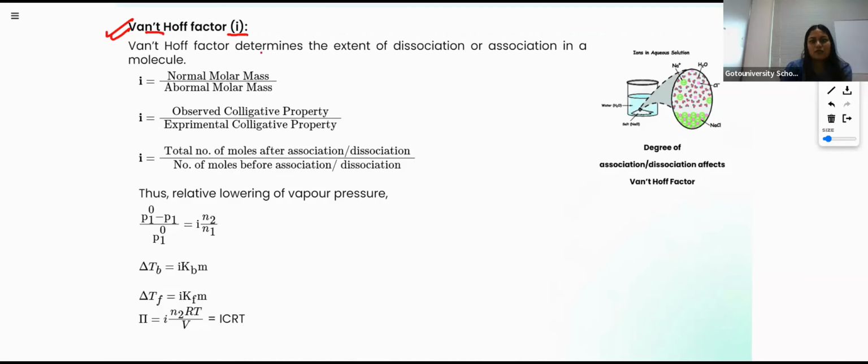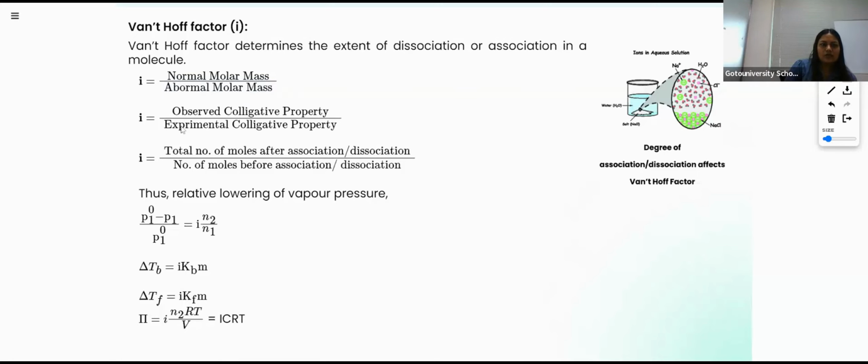It is used to evaluate the extent of association and dissociation in a molecule, like to what extent the dissociation and association takes place in a molecule. For this we have a formula: the normal molar mass divided by the abnormal molar mass. What is abnormal molar mass? Its value will always be less than its true value.